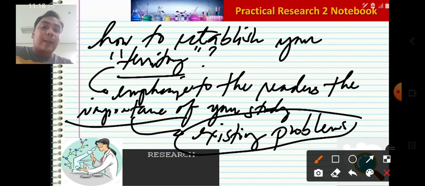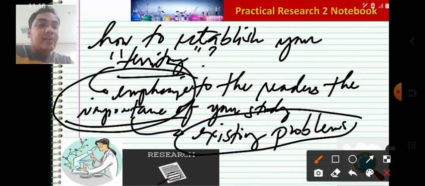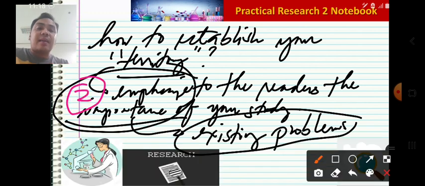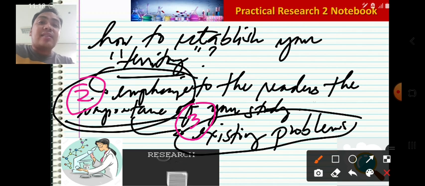So again, we have the first step: discuss the general area of your research, that is, the wider perspective. Second, emphasize the importance of your study among your readers, or let's say your listeners. And then the third one, which is connected to the second step: it is important because there is an existing problem.